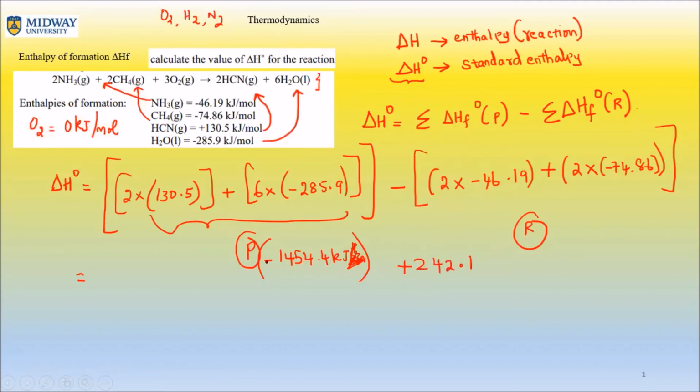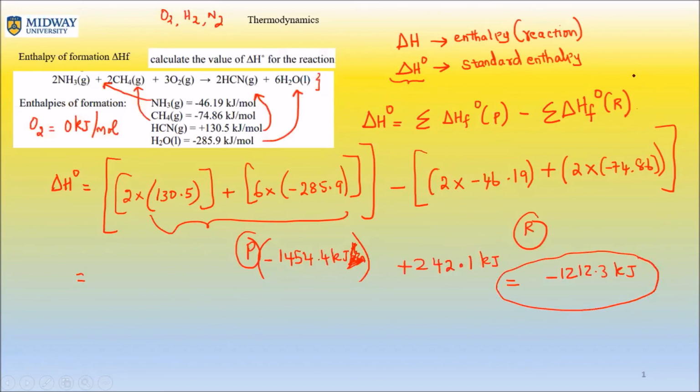And keep in mind, the product side is negative, so 1454.4 plus 242.1. The whole thing will be negative 1454.4 minus 242.1. So it's negative 1212.3 kilojoules. It's no longer per mole because when we multiply by 2 or these numbers, it automatically becomes this. So this is the value for the delta H0.